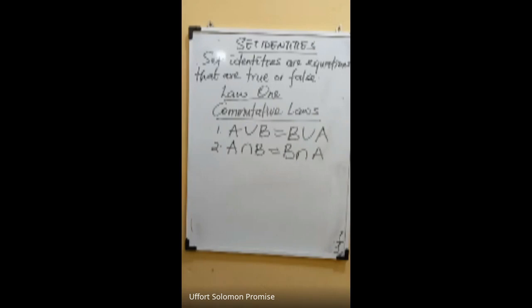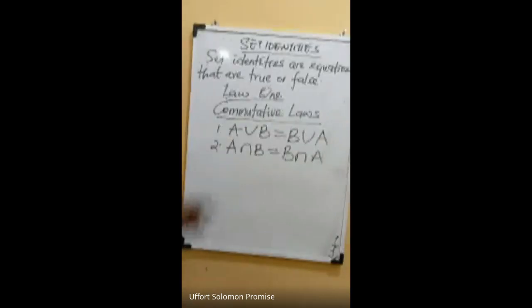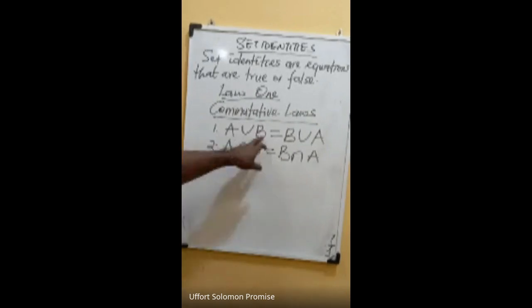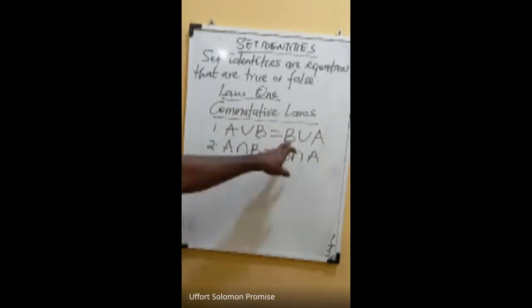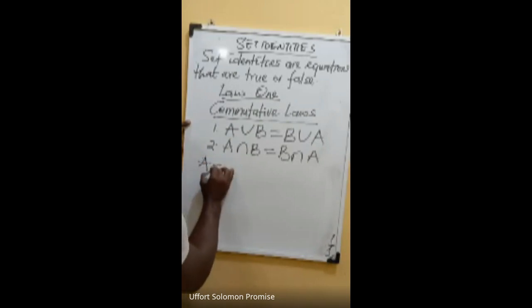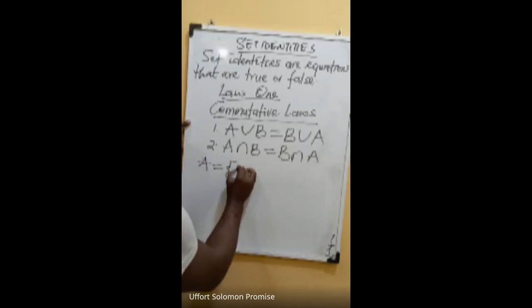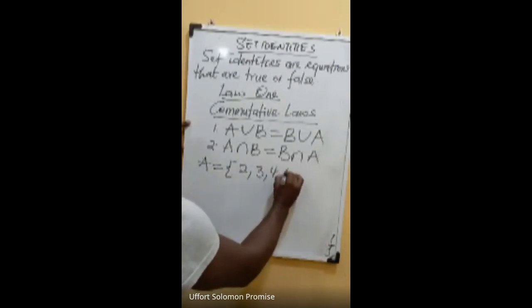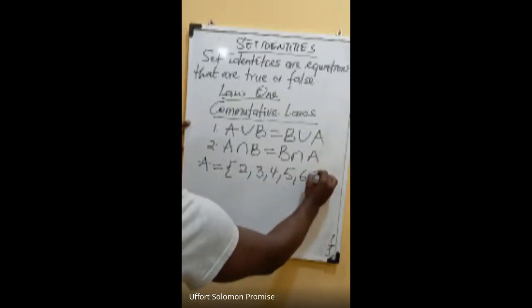What it's actually saying is that if set A intersects with set B, it also means that set B can intersect with set A. Let me give an example. Set A has the elements 2, 3, 4, 5, 6, 7.